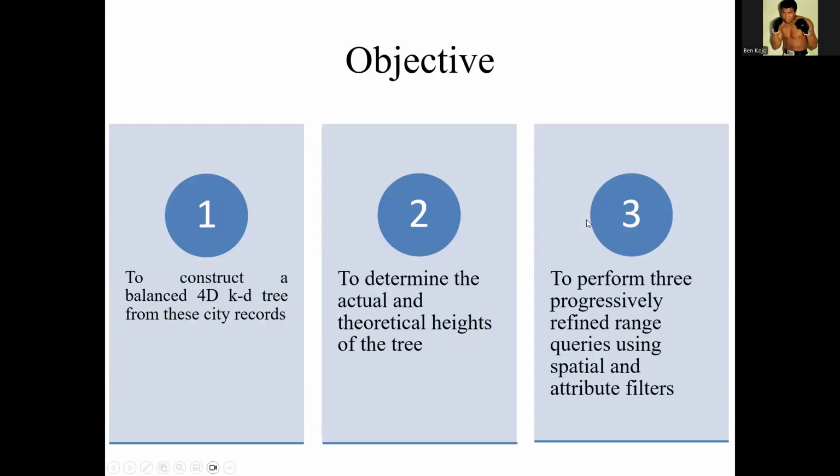The main objective was to construct a 4D tree from these city records, determine the theoretical height and minimal height of the tree, and perform progressively refined range queries using spatial and attribute filters.